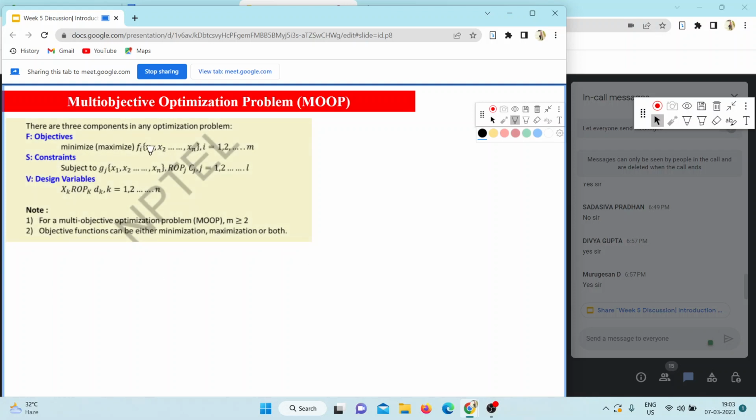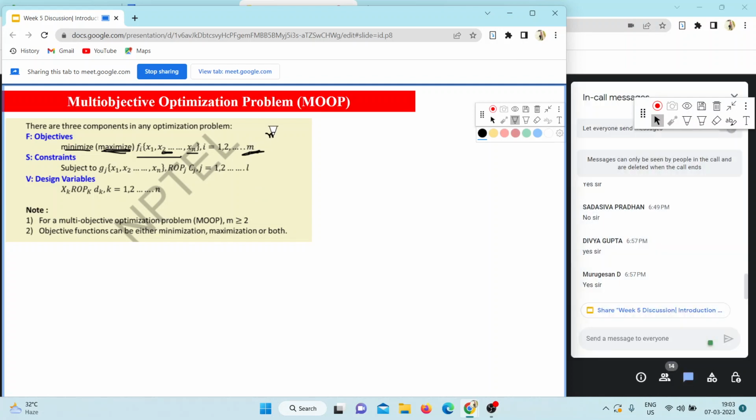So here you can see there are many objectives that need to be optimized, like f(x1) needs to be optimized, f(x2) also needs to be optimized, similarly till f(xn), you have to find the minimum or maximum value for these. If this m value is greater than or equal to 2, that is known as multi-objective optimization.